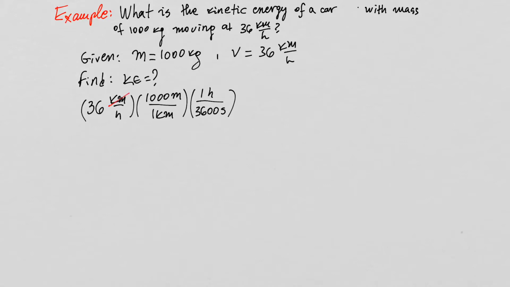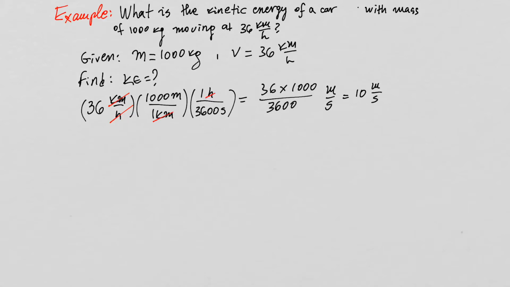So the units of kilometers cancel out, the units of hours cancel out, and then what's left is 36 times 1,000 divided by 3,600. And the units that are left are meters per second. And so when you calculate that, you should get 10 meters per second for the velocity of the car.